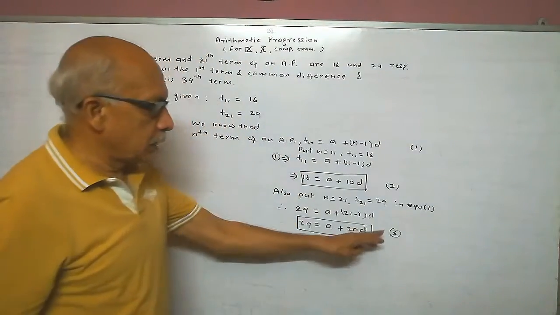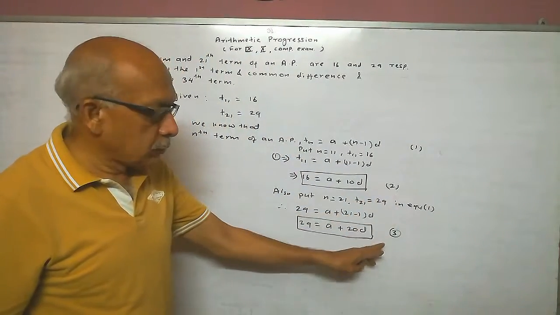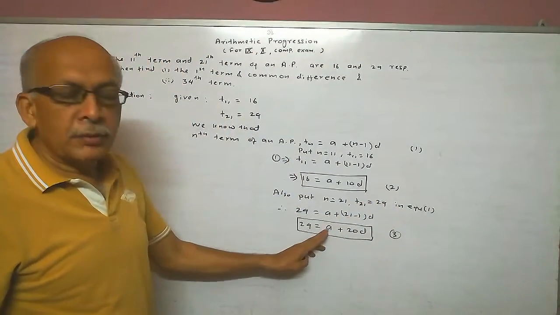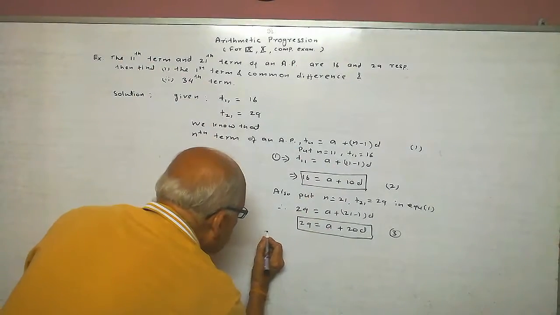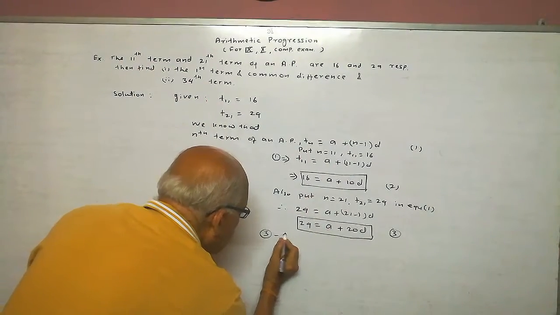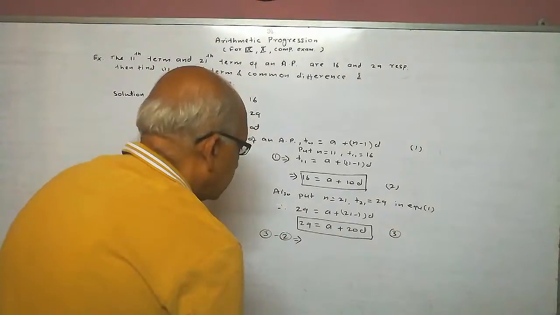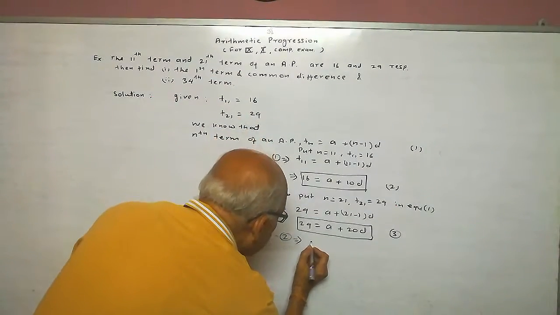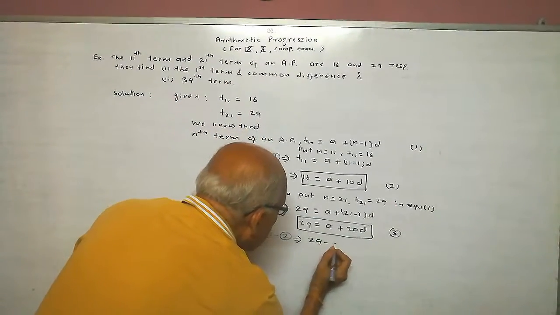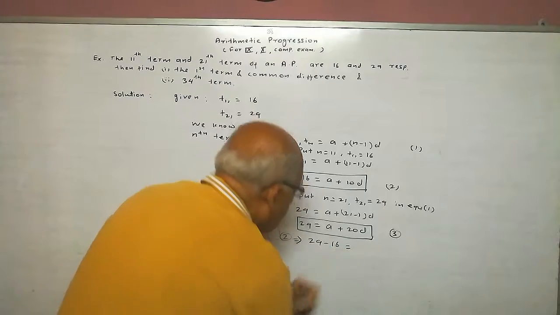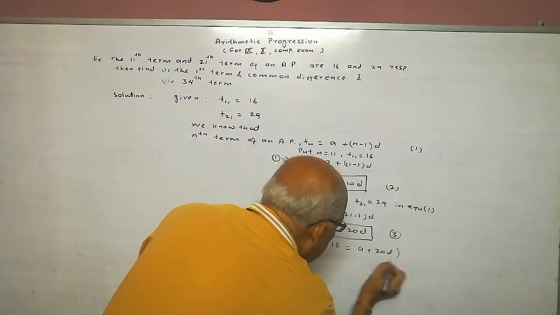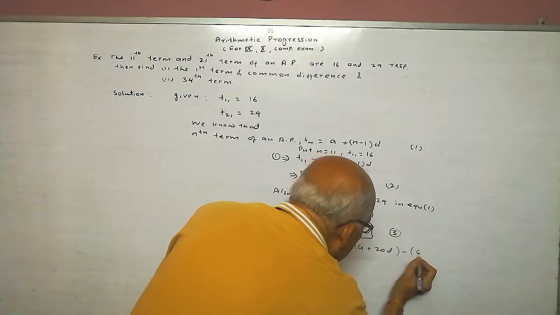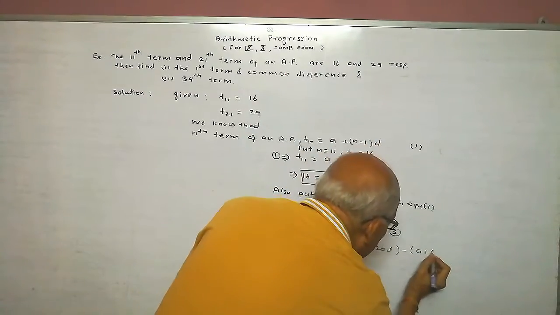Now if we subtract the second equation from the third, then we are able to eliminate a. So let us do that: 3 minus 2. On the left hand side we can write 29 minus 16 is equal to a plus 20d minus (a plus 10d).